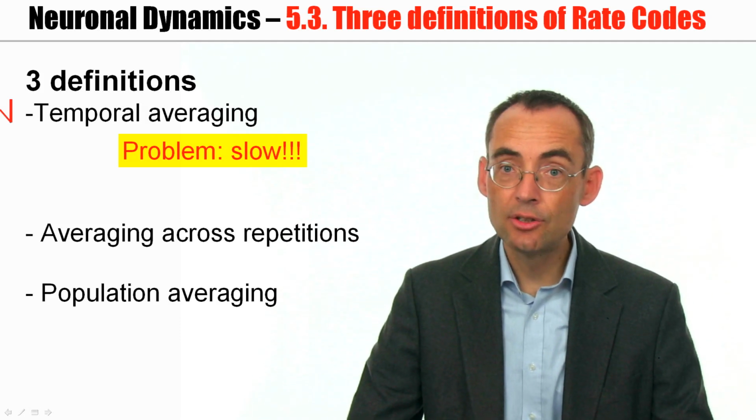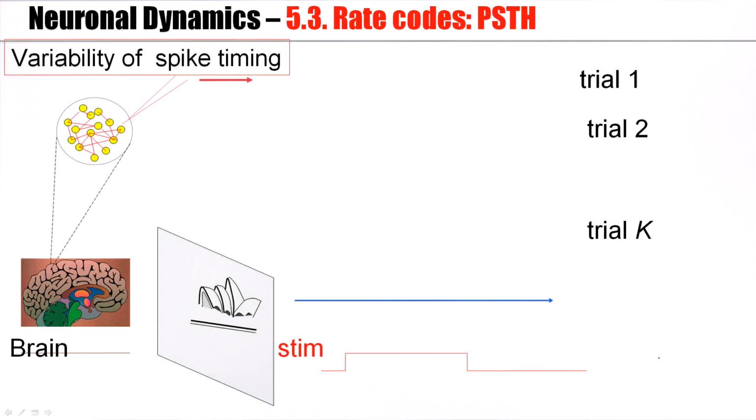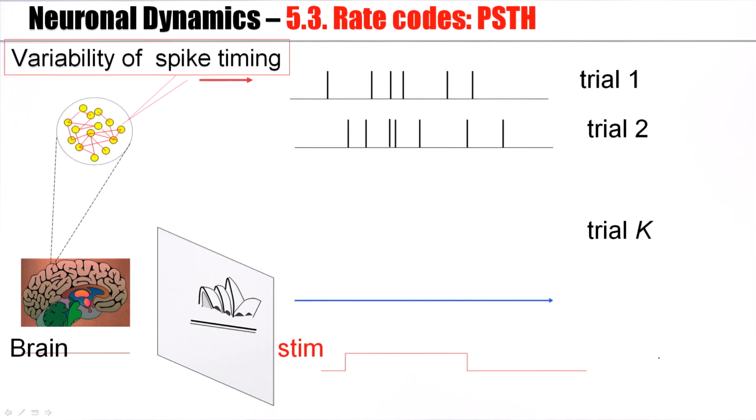So let's look at a different definition of firing rate. Let's again present our stimulus, say the Sydney Opera House, and we record in a first trial a certain number of spikes, and then we take a pause, we wait so that the brain comes back to the resting state, and we present the stimulus again, and again and again.